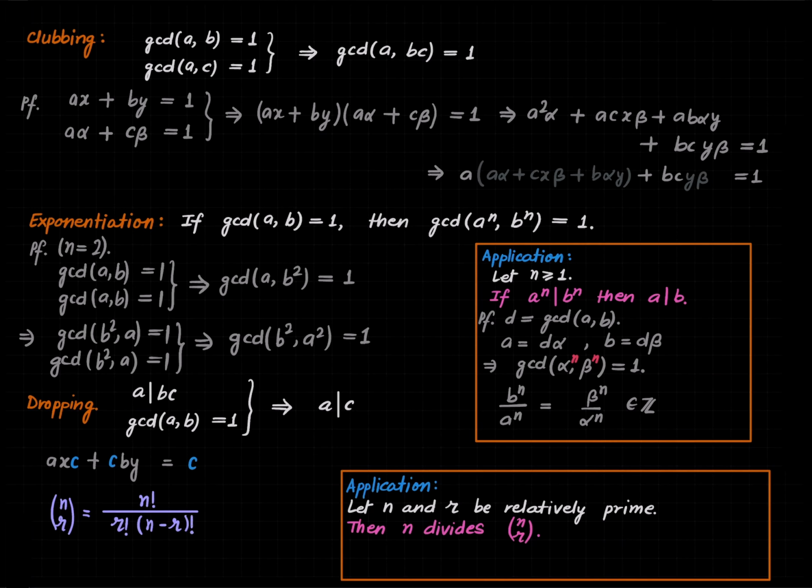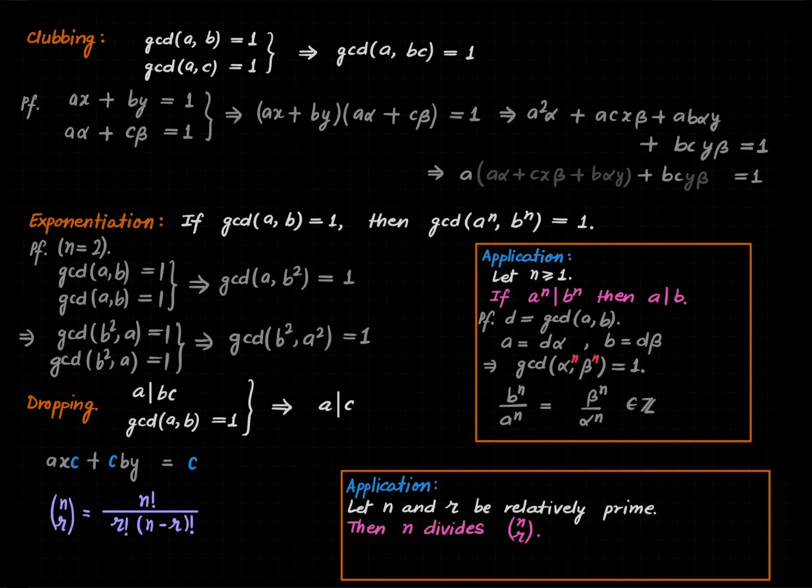But the correct way to define n choose r is as the number of r element subsets of an n element set, the number of subsets which have size exactly r. The number of ways of choosing r people out of n given people. Okay, so that's n choose r. And we want to show that if n and r are relatively prime, then n divides n choose r.